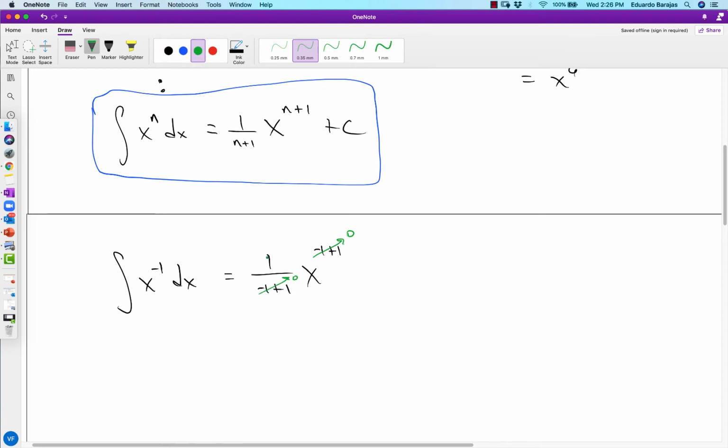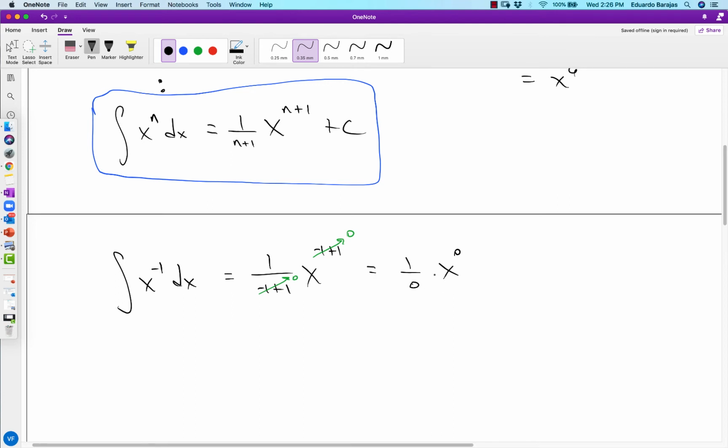So in the pattern, you're dividing by 0, so that's no good. And then anything raised to the power of 0 is going to be equal to 1, except maybe for the case where x equals 0. So, what's the answer going to be to this one? This looks like the pattern says that it's this.